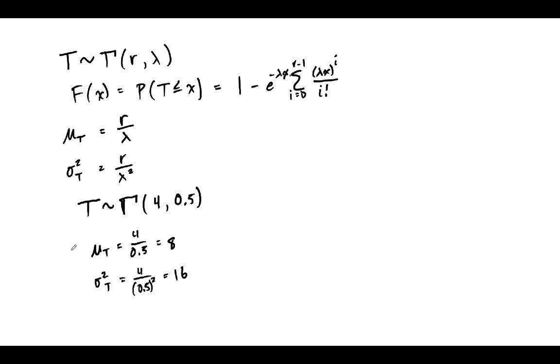And then lastly, it's a pretty quick question here. This is part A, part B, and then part C. We want to find the probability that T is less than or equal to 1. Real quick, this is just another way to write the cumulative distribution for 1.